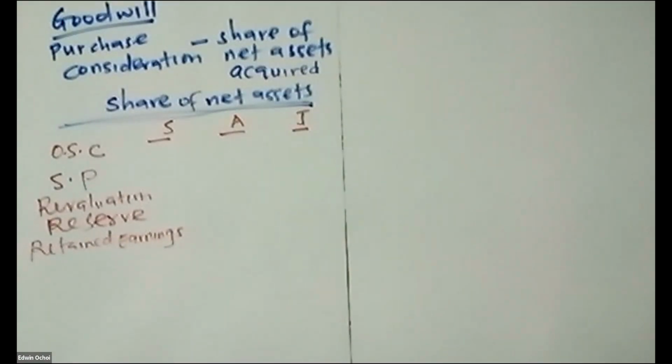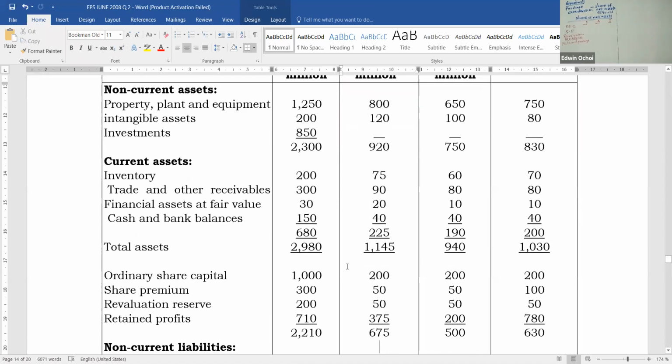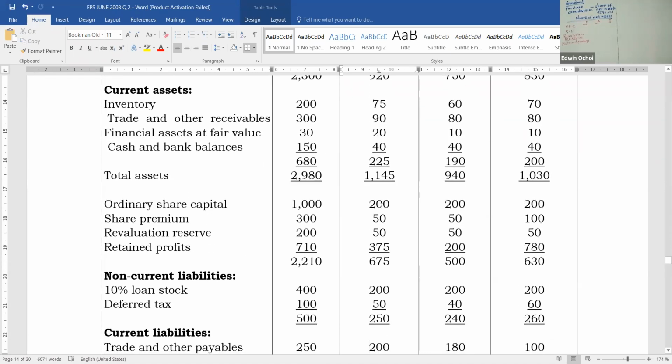Remember that the ordinary share capital we just spoke of is for the relevant investee companies, like S, A, and J. So in order to get the net assets of the investee companies, you go to the equity part of this question. So we have ordinary share capital, share premium, revaluation reserve, and retained profit. So you just copy from here.